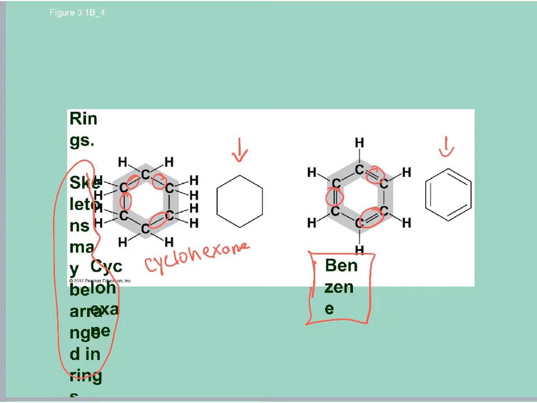The convention here is to just assume that each corner has a carbon, and also assuming each one of these carbons has a hydrogen. Now, if it didn't have a hydrogen bonded to that carbon, it would be written in there. So let me show you, for example, here. There may not be two hydrogens bonded to that carbon.